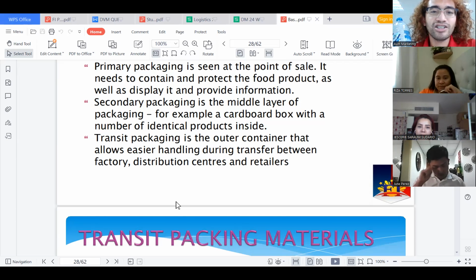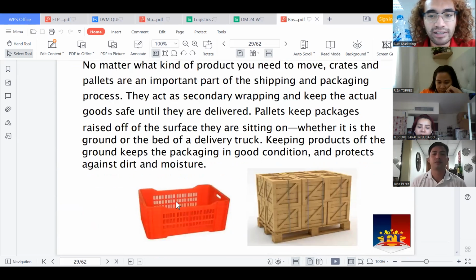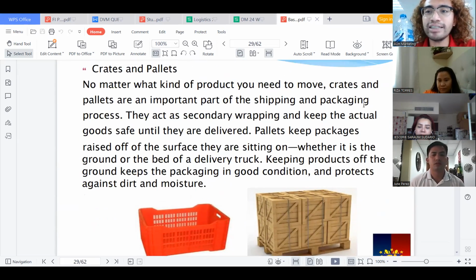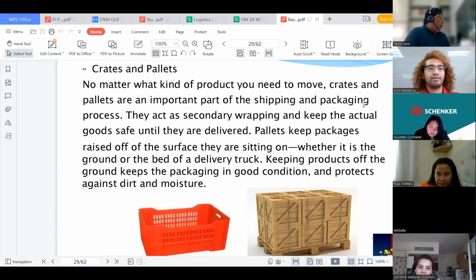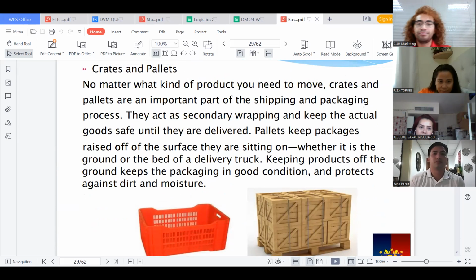Next, transit packaging materials. Ito na siya. Crates and pallets. Can you read this for me, Riza? Crates and pallets. No matter what kind of product you need to move, crates and pallets are an important part of the shipping and packaging process.